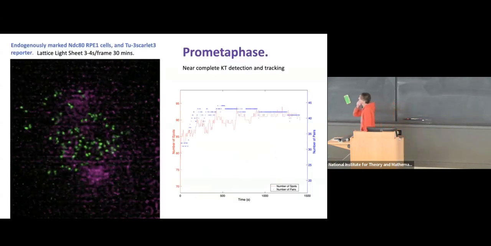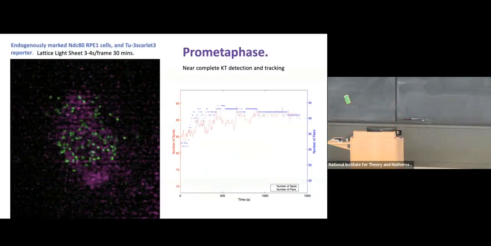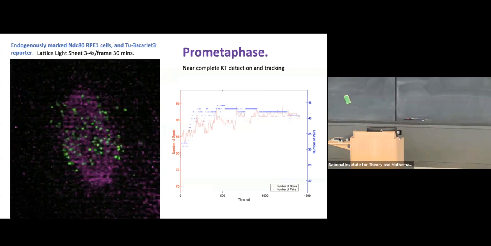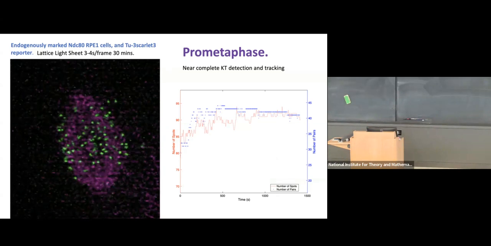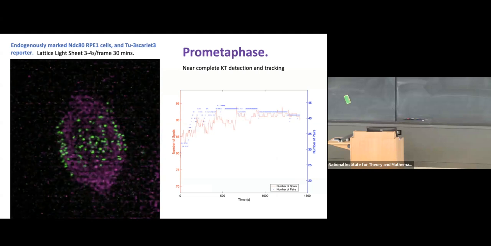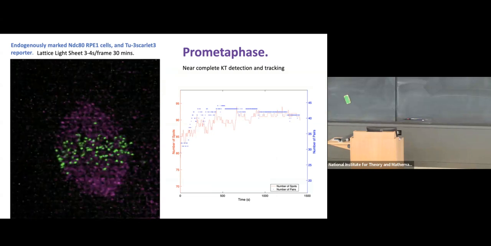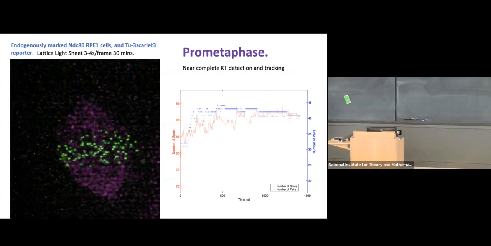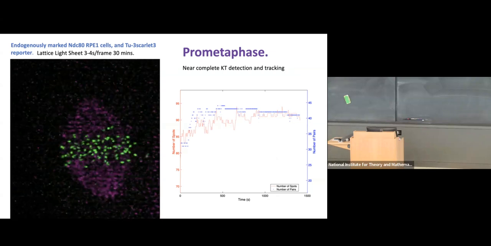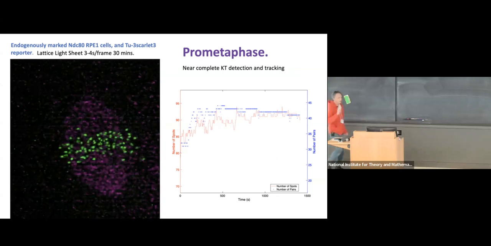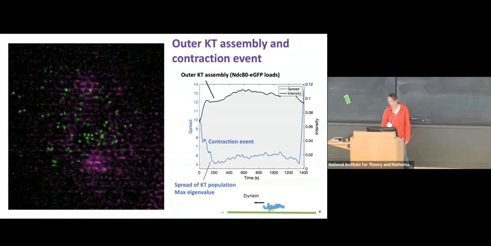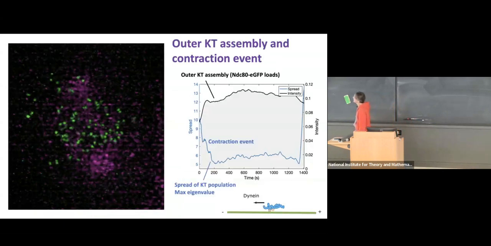Okay, so let's look at the data. This is prometaphase. This is our number of spots in red. You can see it rises through this movie, settling again at around 90, and the number of pairs again is high in the 40s. This rise is due to the fact we have tagged NDC-80.